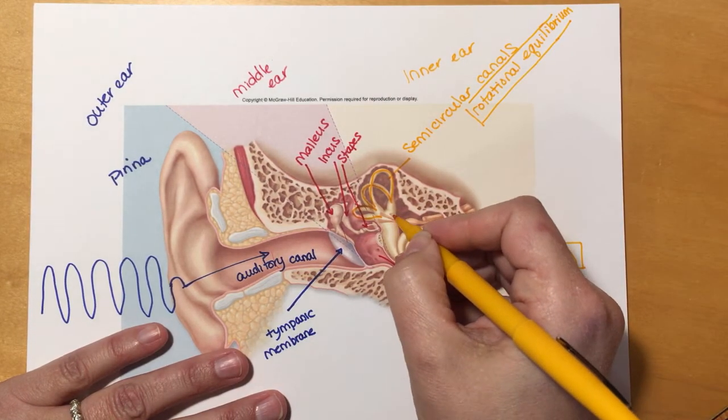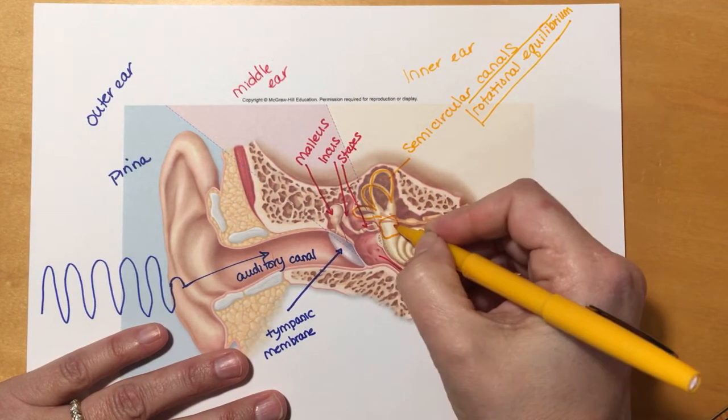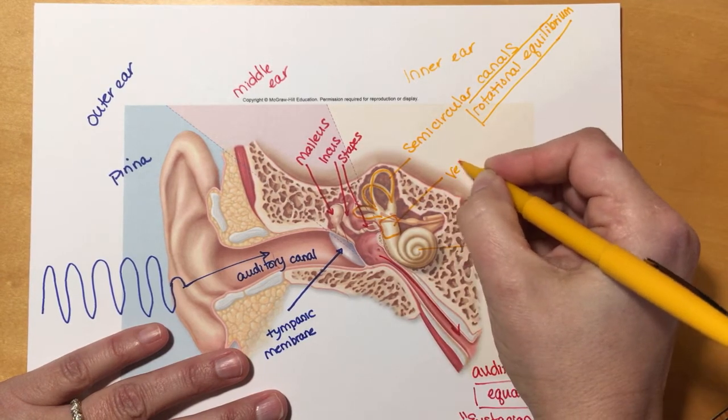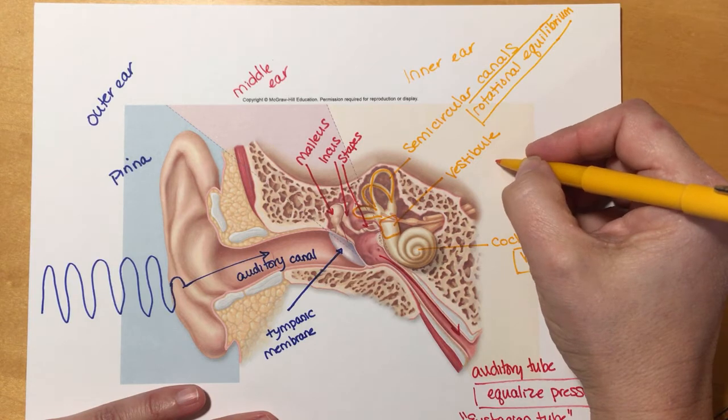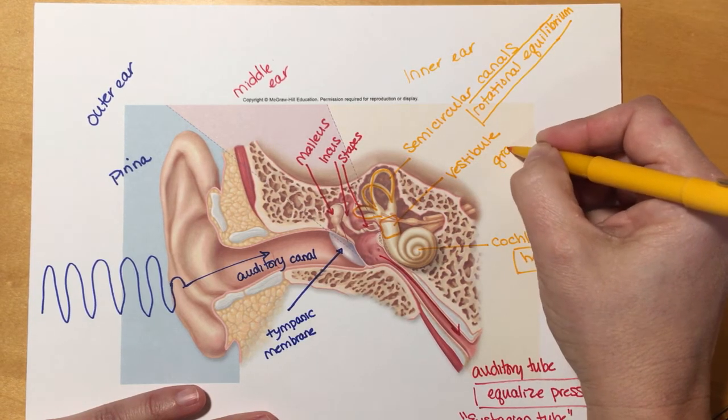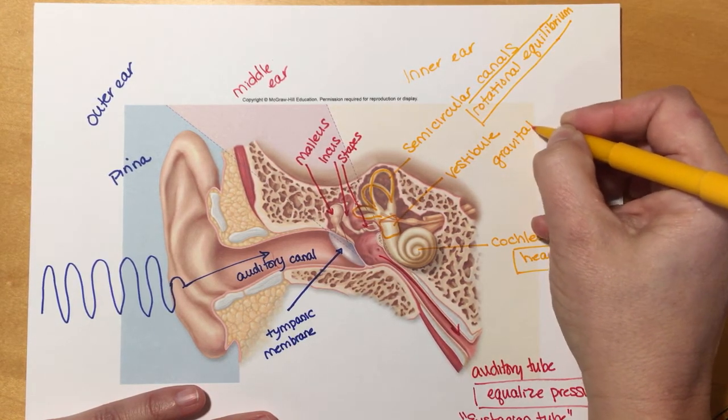We also have one more space in here, right there. That's called the vestibule. And the vestibule's job is to help you detect gravitational equilibrium.